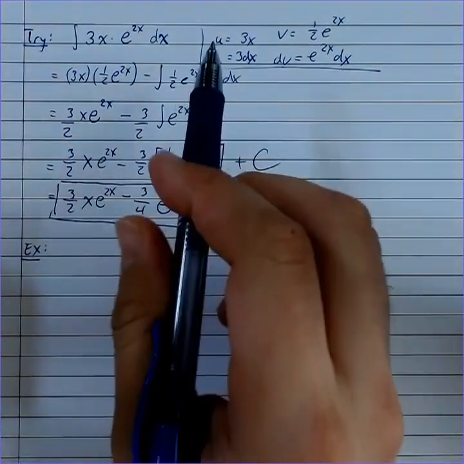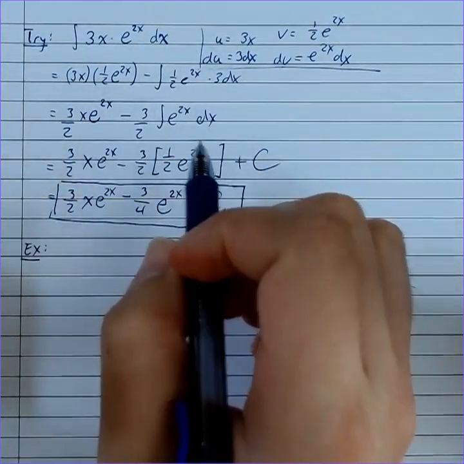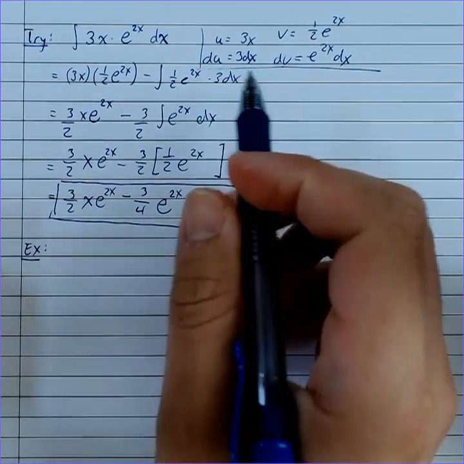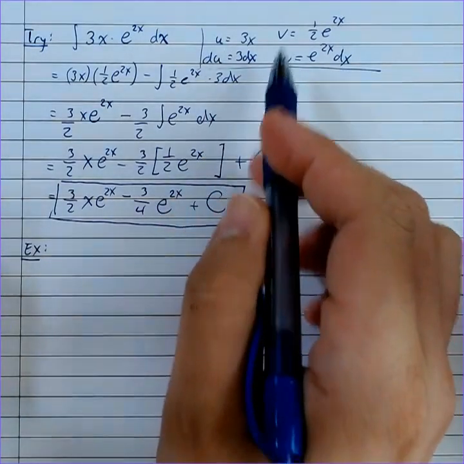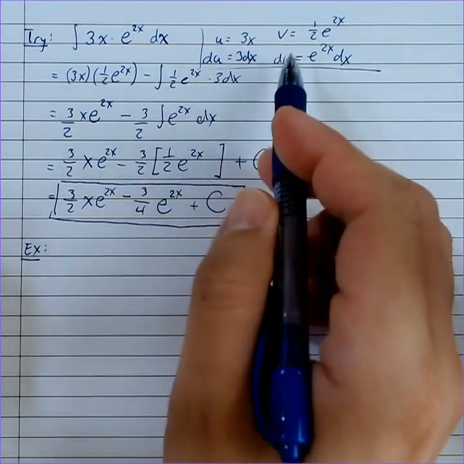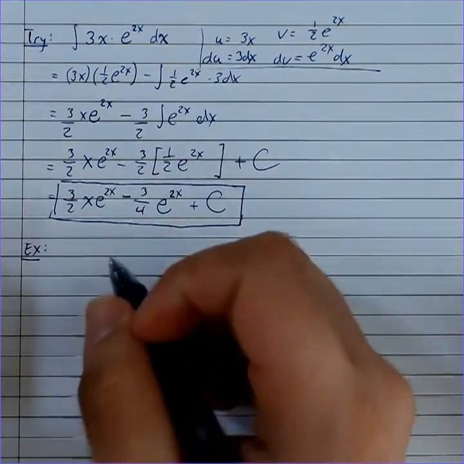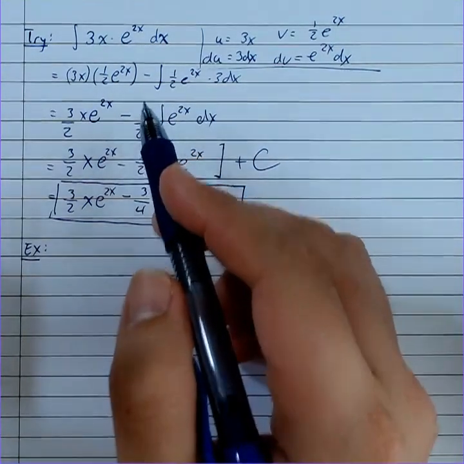If you're going to use integration by parts once, just do it this way. It doesn't save you any time to do it any other way. If you're going to do it just once, find your u, find your dv, find these derivatives and antiderivatives, and pop everything in.